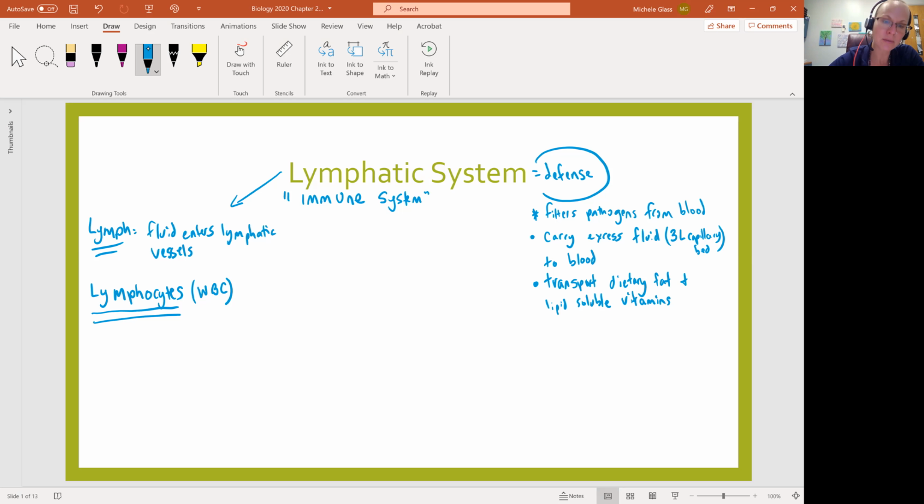When we talk about lymphocytes, we're going to be talking about a cell called the natural killer cell, abbreviated NK cell. This one is going to be involved in what we will call immunological surveillance.